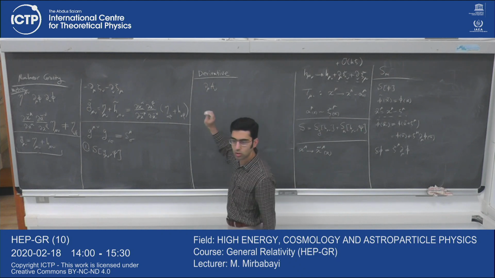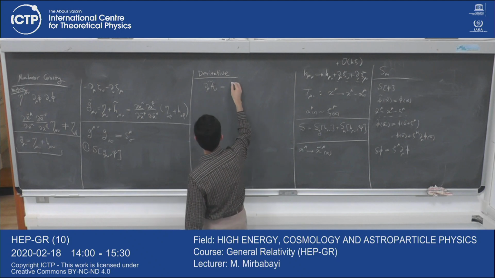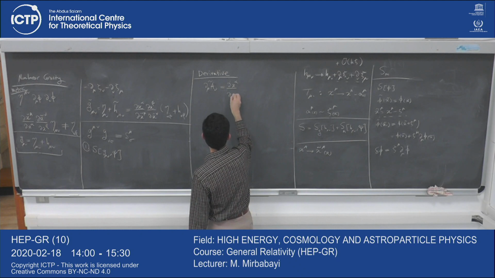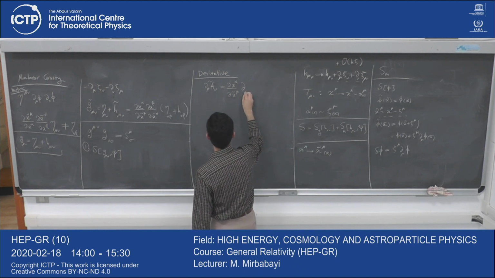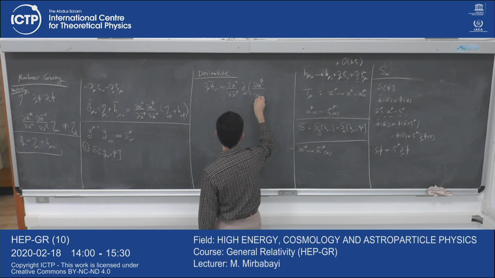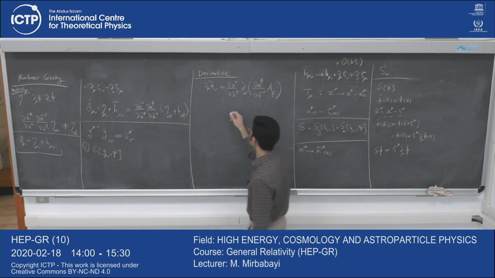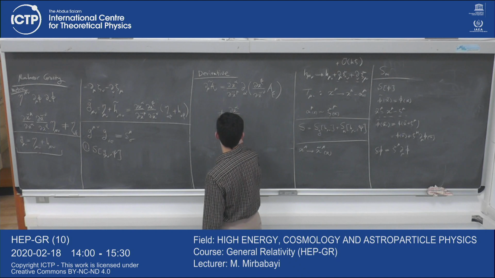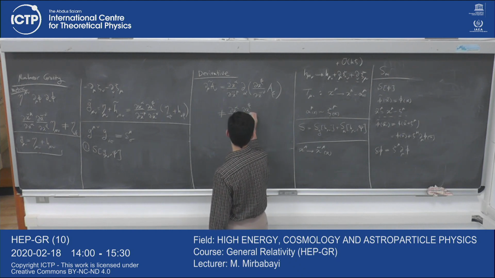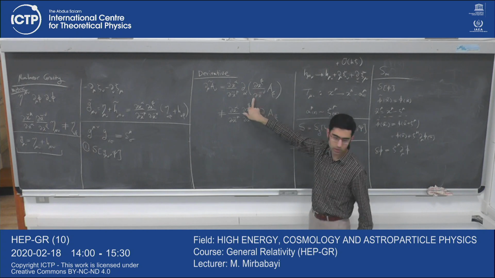However, this is not a tensor under the general coordinate transformation, because if I do a transformation of this object, dx alpha dx tilde mu, d alpha A beta, this is not equal to dx alpha dx tilde mu dx beta dx tilde mu of d alpha A beta. There's an extra piece that comes from acting by derivative on this transformation matrix.